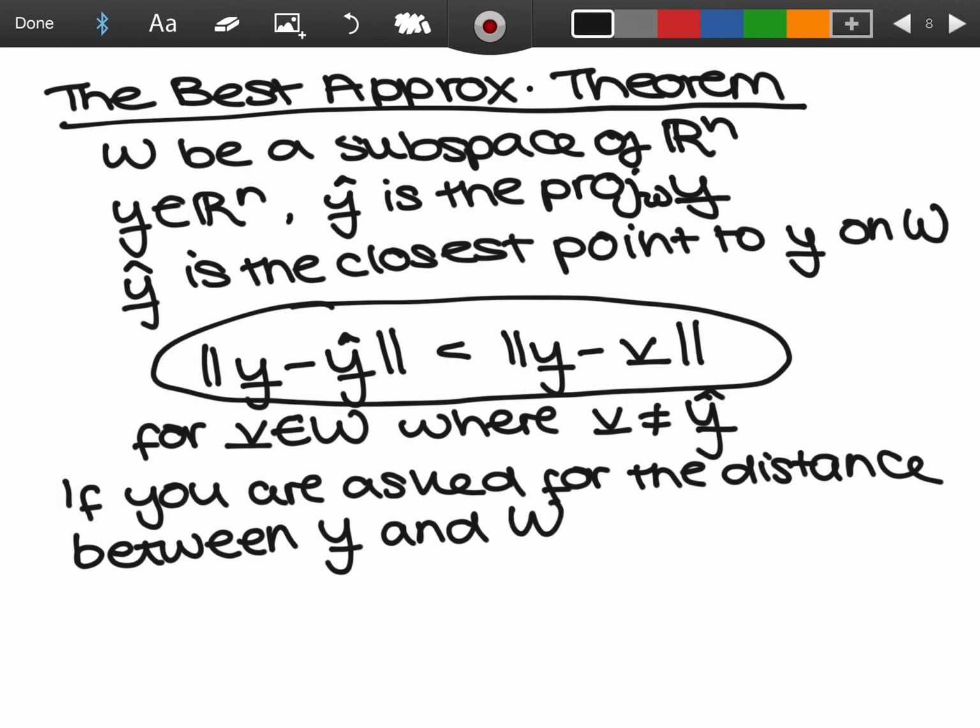They want the distance between y and y hat. So whenever they ask for that, that is what you're looking for. Whenever they ask that, you just want to calculate the magnitude of y minus y hat.